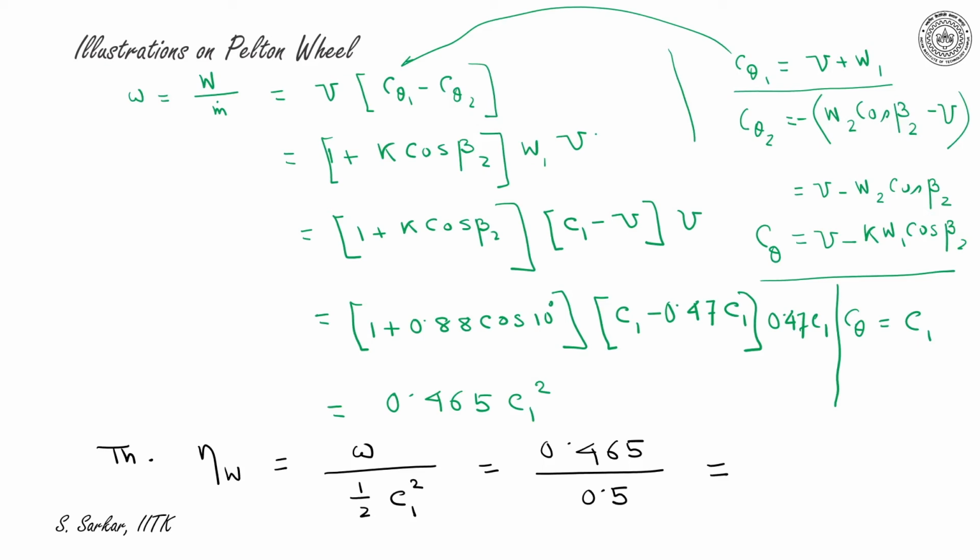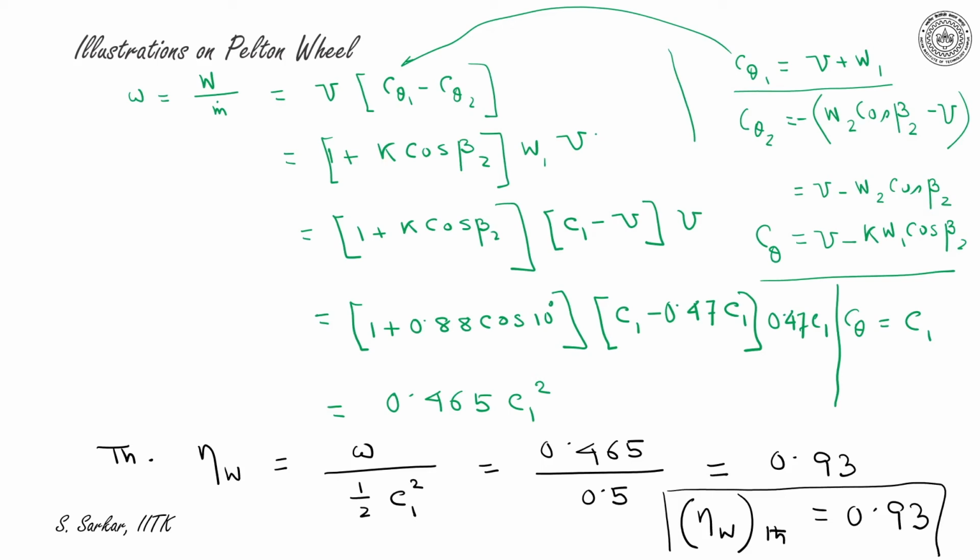So if I do the calculation, I have got 0.93. Therefore, I got another answer: eta W theoretical, suffix th means theoretical, is 0.93. This is another answer.